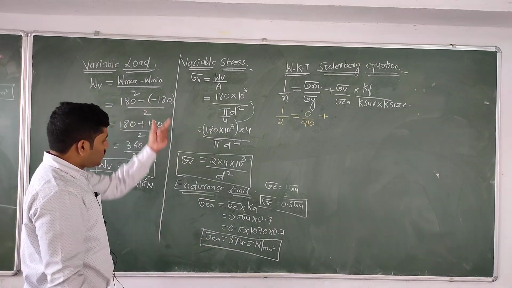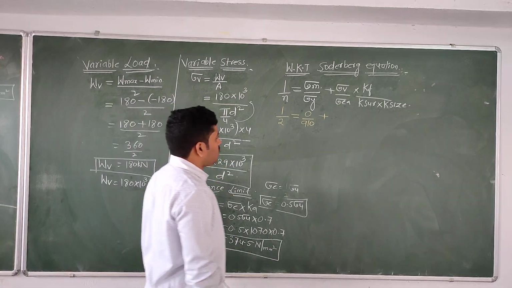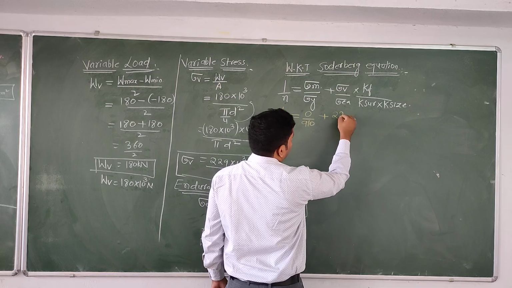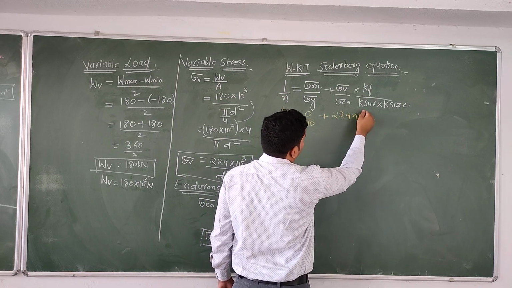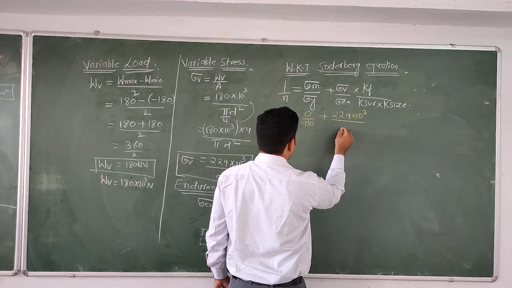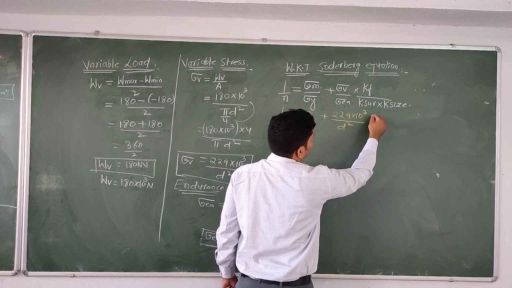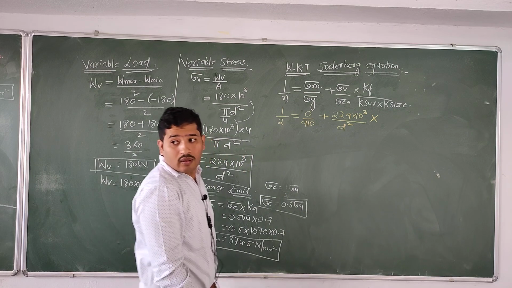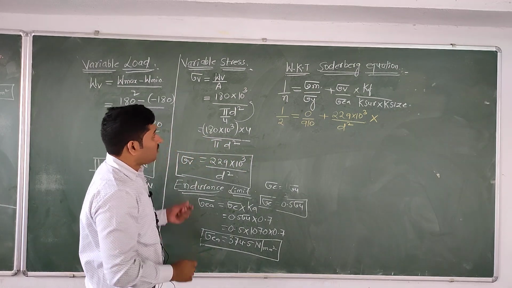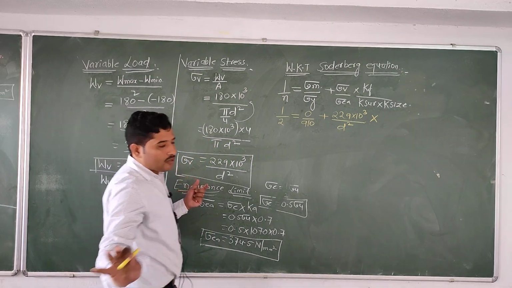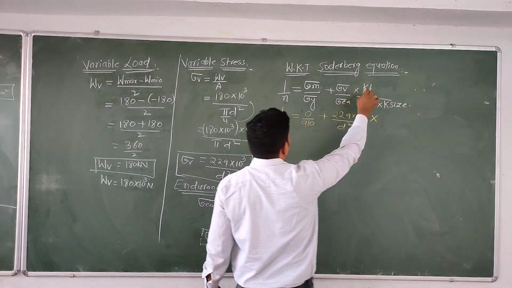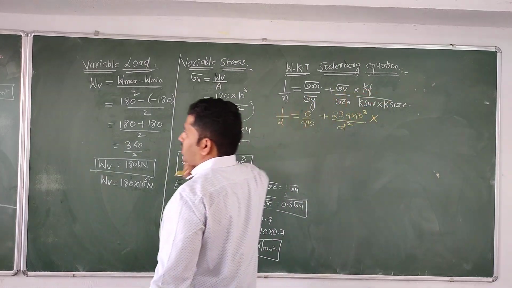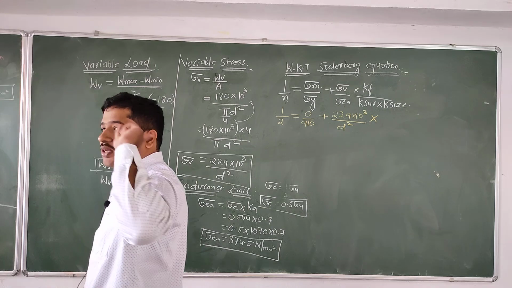Sigma v value is 229 into 10 power of 3, 229 into 10 power of 3 by d square into the stress concentration factor KF. KF value, how much is given here? It is given as 1.